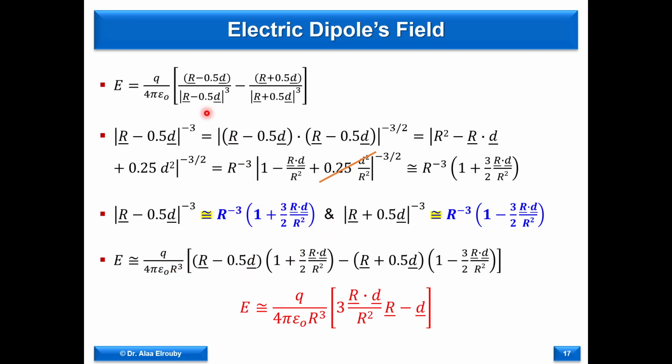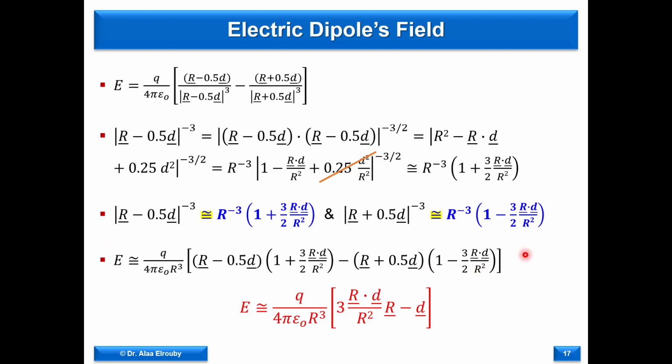Then we have this term multiplied by this term minus this term multiplied by this term. So we'll have r, but there is a negative, so the r will cancel. Then what is left is this term with that term.